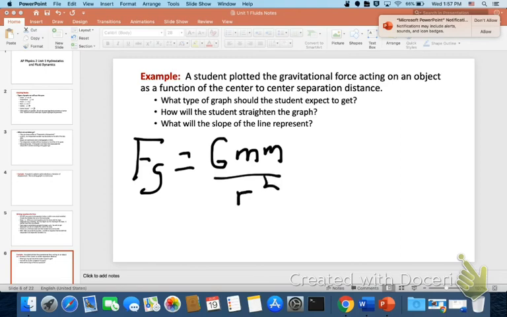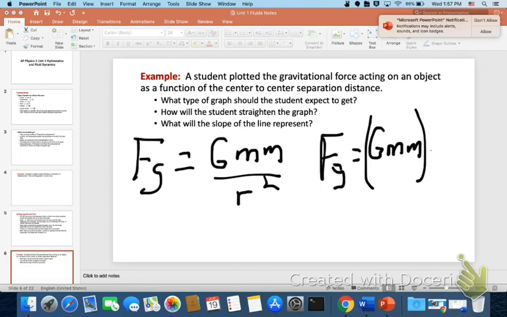Okay, so if we plot gravitational force as a function of the separation distance, that means that we're going to have force gravity on the y-axis, and that is GMm, and this is our slope, times 1 over r squared.